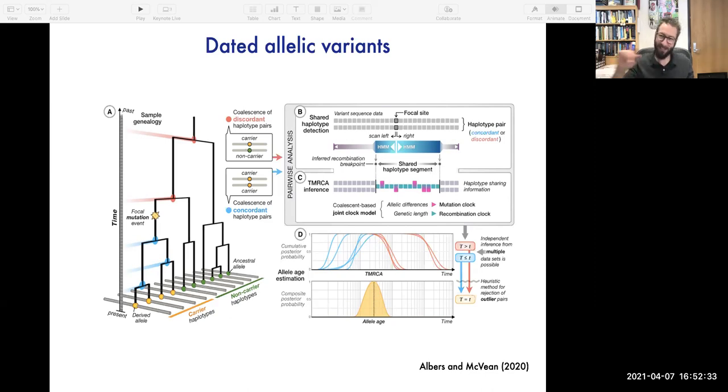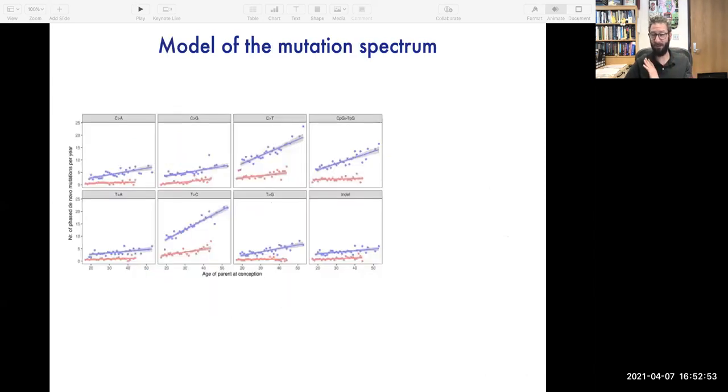So at every slice of time going back, I can say, here are all the mutations that arose 1,212 generations ago. There's a plus or minus with those estimates. And this is the mutation spectrum of all those mutations. So I can get a bunch of variants, figure out when they arose, and build my model of the mutation spectrum from the Icelandic data that we have today.